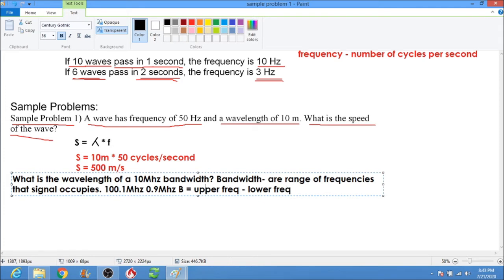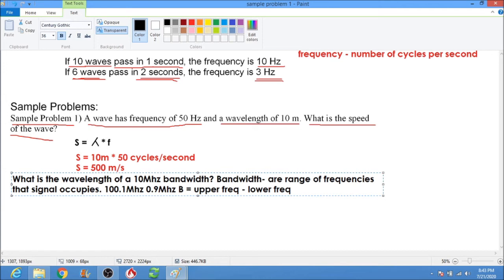The same goes for the bandwidth of a TV station: we have your center frequency, and you also have your upper frequency and lower frequency. There are different meanings of bandwidth with respect to each application.